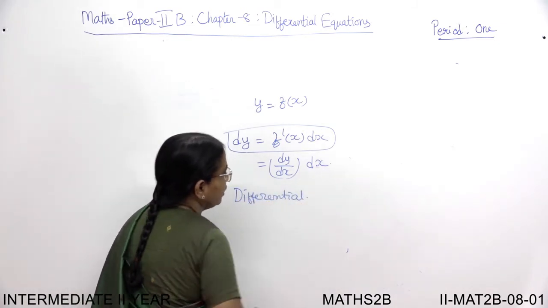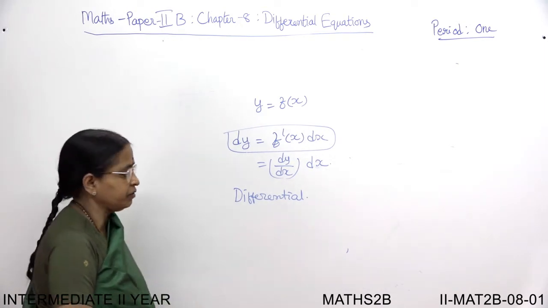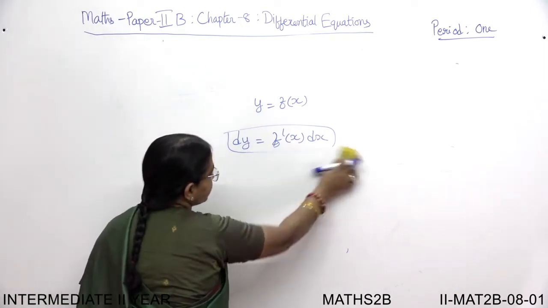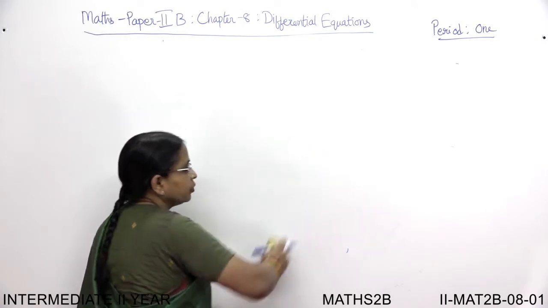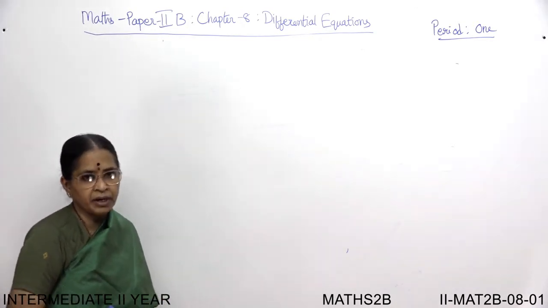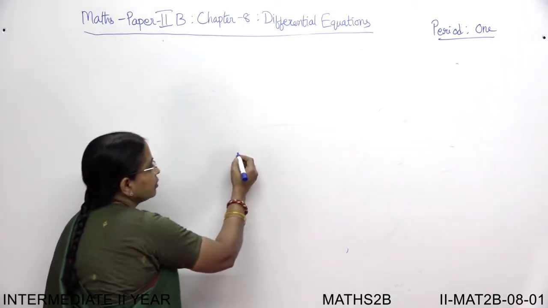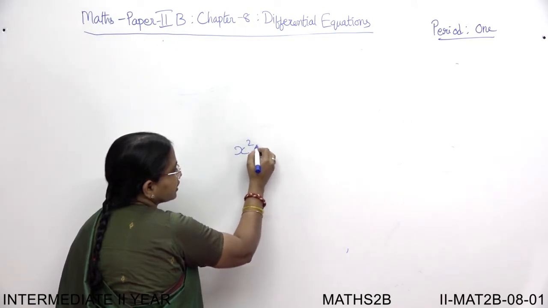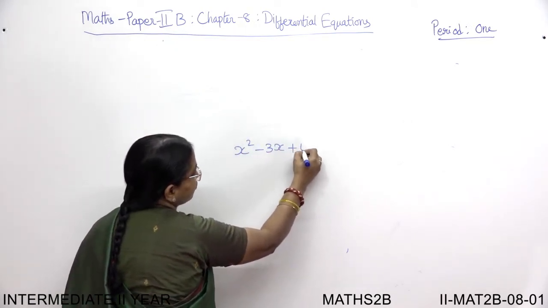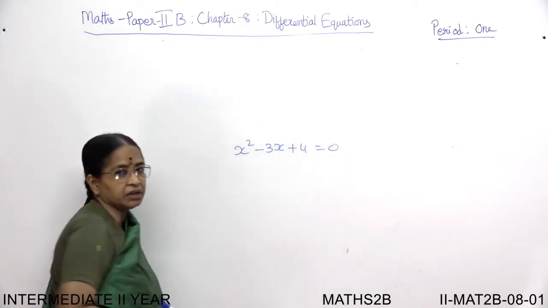Now we'll come to the differential equation. What is a differential equation? It is an equation. You have learnt about algebraic equations, you know, x square minus 3x plus 4 is equal to 0. This is an equation.